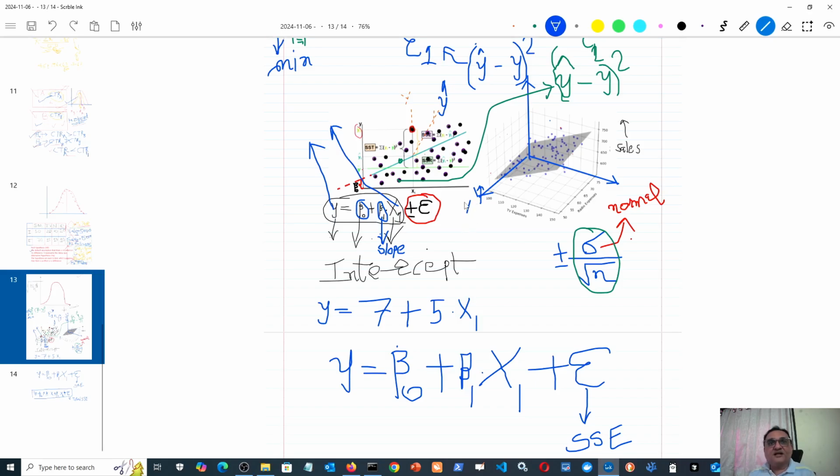And these data points are spread in the space made by the x1 axis, x2 axis, and y axis. These blue colored dots are the data points, and this gray colored plane is called the plane of best fit. Just like this green is the line of best fit, similarly this gray is the plane of best fit. That is the plane which is the closest possible to all these blue colored data points.